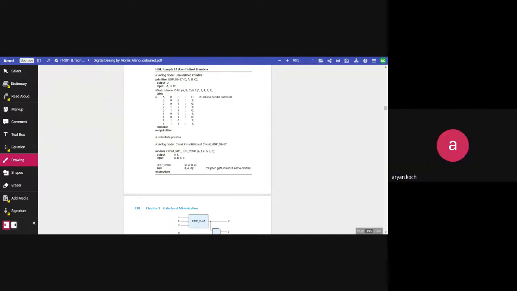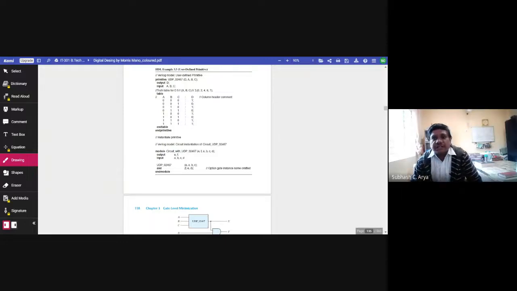Okay, so good. So you do the practice. I will share the link also here. This EDA Playground, you can search for it on Google, and you will get that. And that is a browser-based platform, so you need not download EDA Playground.